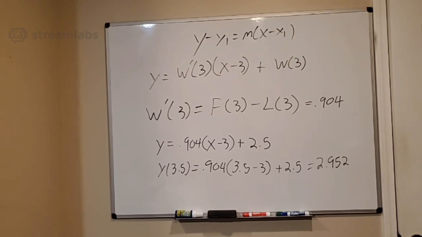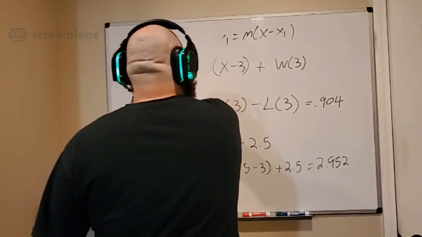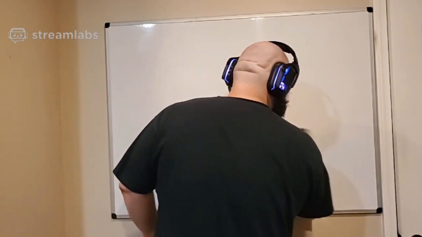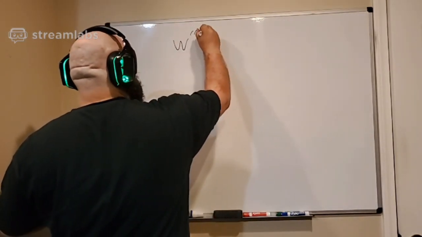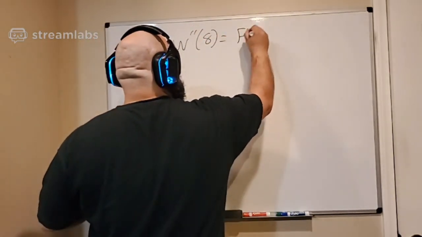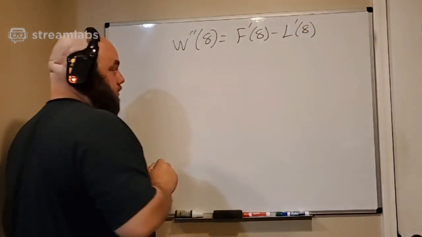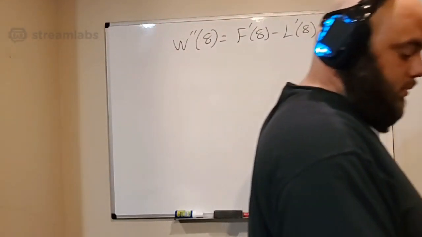So when we do that, W double prime of 8 will be equal to F prime of 8 minus L prime of 8 is what they're looking for there. If you knew that's what the function was, it's a very easy problem. Understanding that's what the function is is a little different.